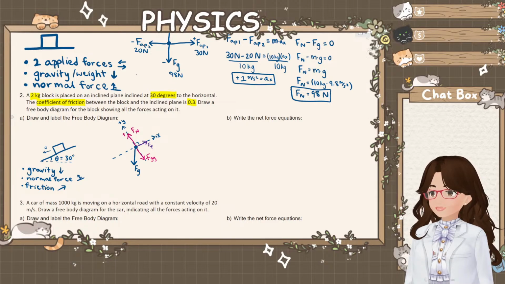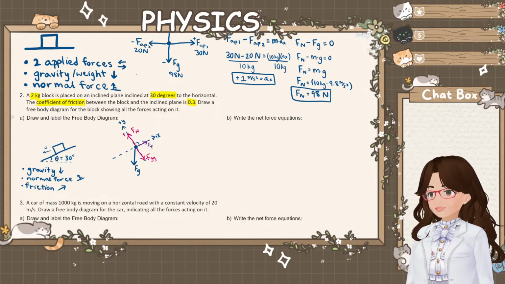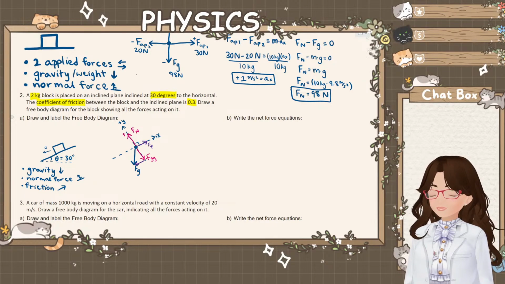Again, how would you determine that? What you want to do is compare the size of the vector between friction and gravity. So if I were to draw the X component of gravity, that would be right here. See that we know to use vector addition. I'm going to go down and then I'm going to go left. The FG, the total magnitude of the vector, is the sum of the components.